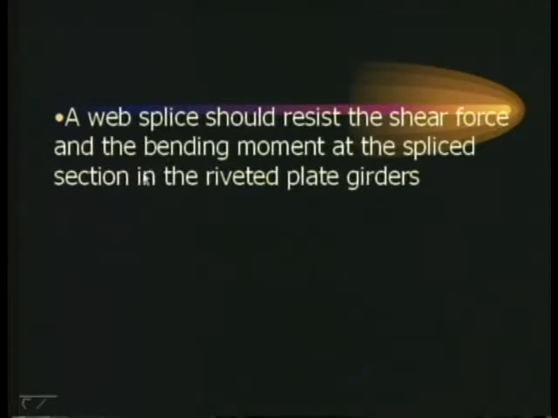In addition to its main property of making the joint safe and secure, it should also resist the shear force and the bending moment at the spliced section. Spliced section means the section at which the joint is made. There the shear force and bending moment are also resisted.